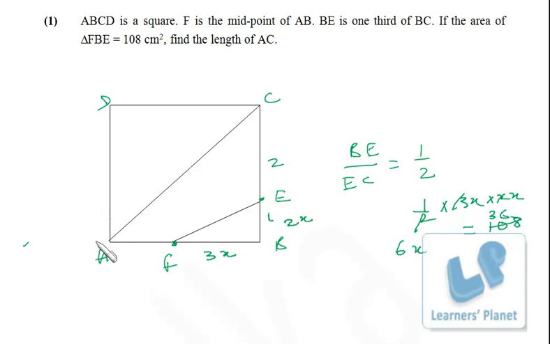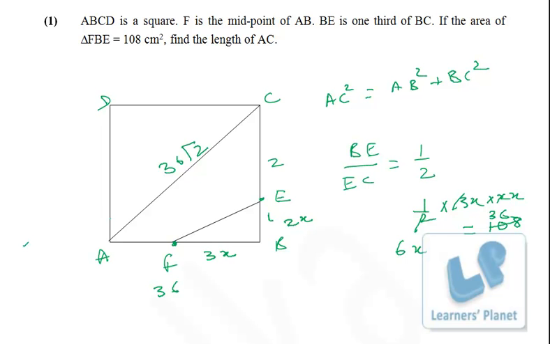Now AB we assume to be 6x, x is equal to 6, that means AB is equal to 36. Now AB is 36, BC is 36, so AC square is equal to AB square plus BC square. So it is 36 square plus 36 square, so it will be 36√2.